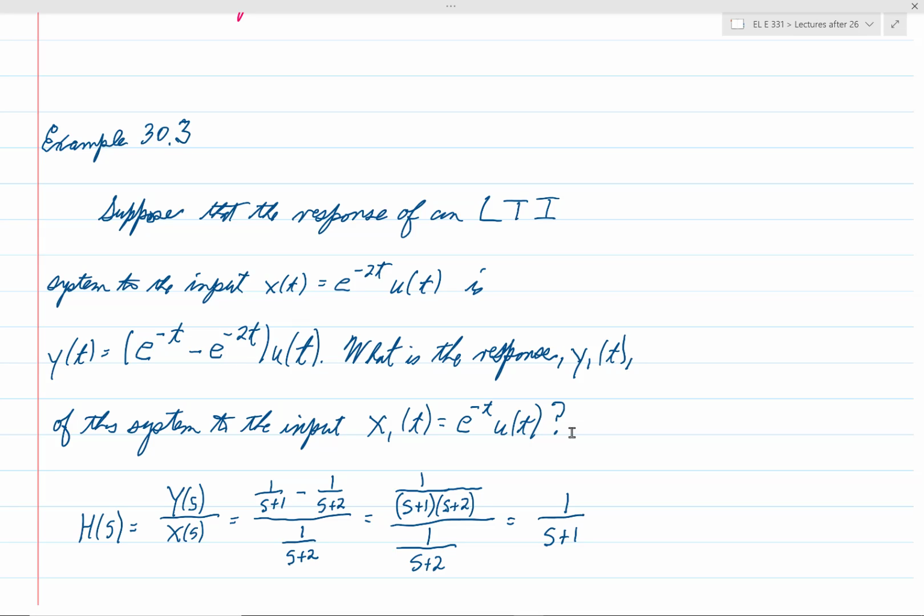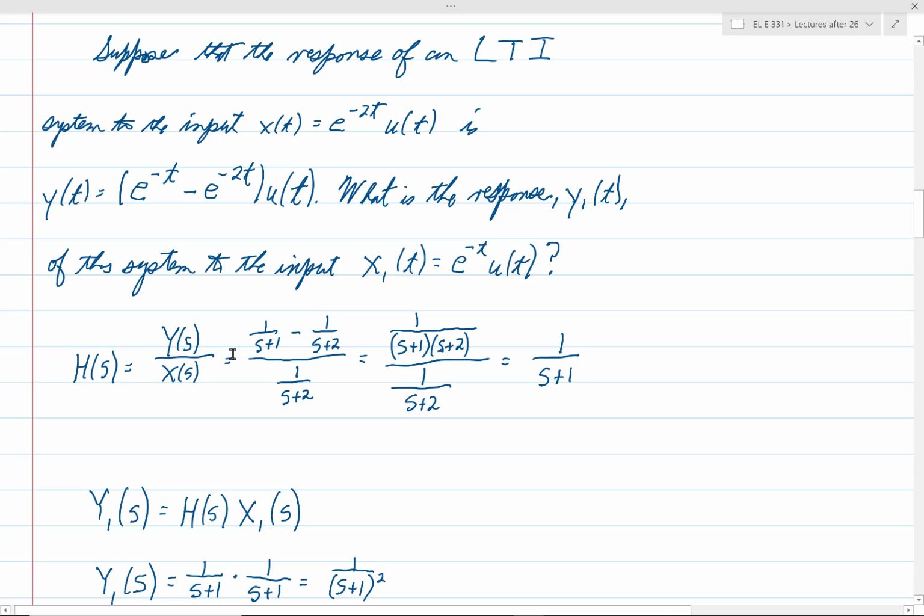Okay, so as usual, we can find the impulse response by taking the Laplace transform of this known output and dividing it by the Laplace transform of the corresponding known input. So we have H of s is equal to Y of s over X of s. The Laplace transform of this y of t here is 1 over s plus 1 minus 1 over s plus 2. And the Laplace transform of the corresponding input is 1 over s plus 2.